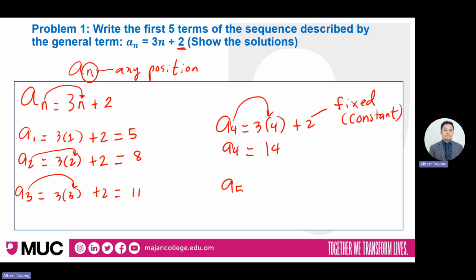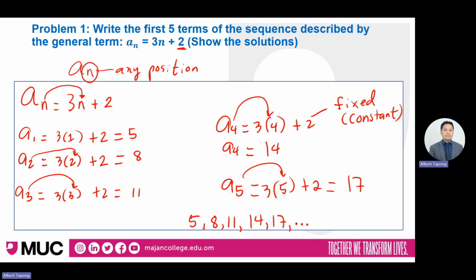And our a sub 5 is equal to 3 times 5 plus 2 is equal to 17. So the first 5 terms are 5, 8, 11, 14, 17. And it keeps on going until forever.